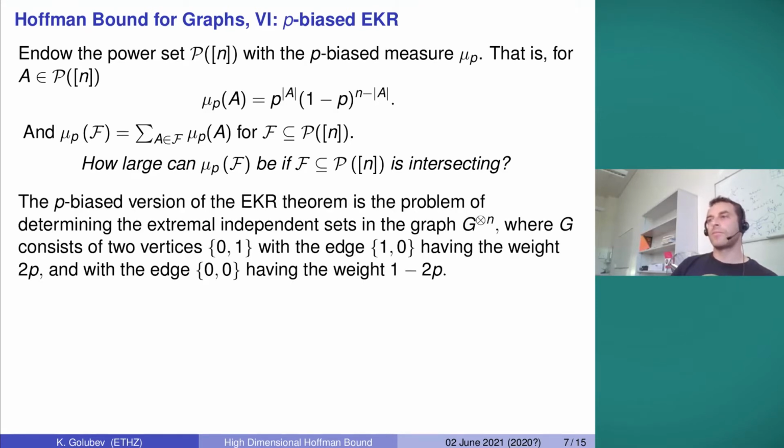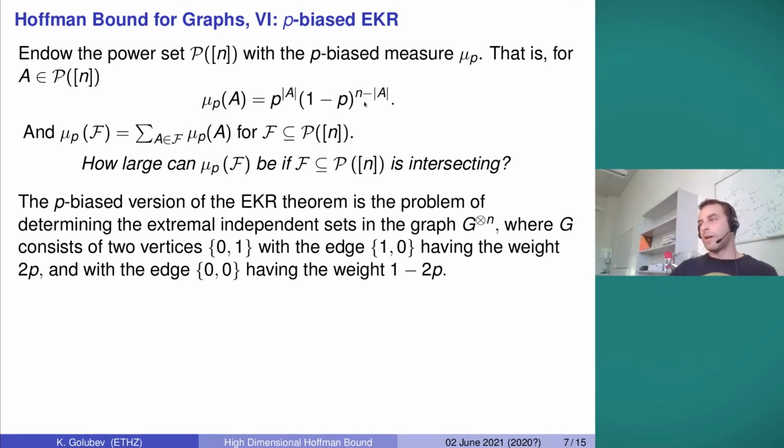Here you can approach this problem by considering a graph G to the n, where the original G has only 2 vertices, 0 and 1. Then the tensor power G to the n would be vectors of 0s and 1s of length n, where each vector encodes a subset.